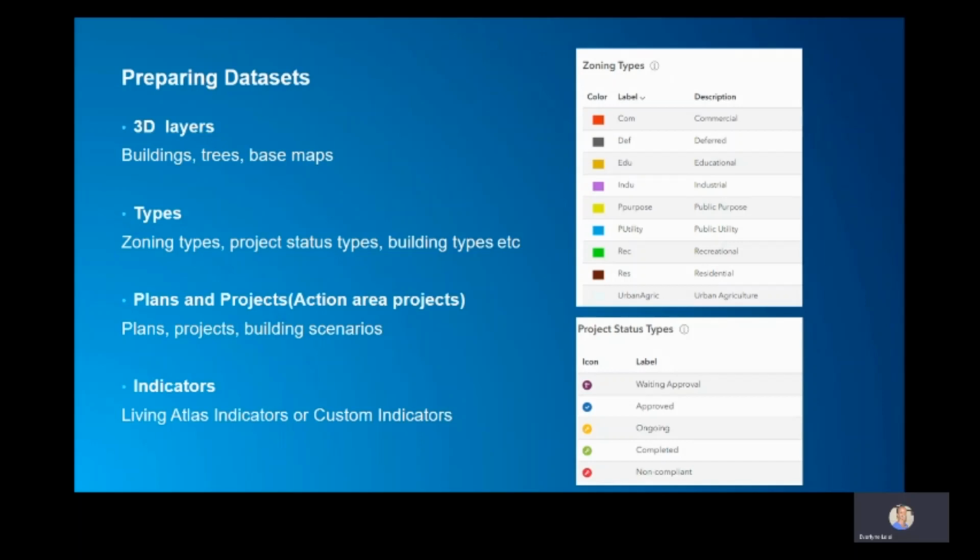The thing with this is that ArcGIS Urban is part of ArcGIS Online, so you can add these data sets directly from the Living Atlas to your ArcGIS Online and work with them in ArcGIS Urban. So in terms of the system and data requirements, that's what you need to be able to get started with ArcGIS Urban.